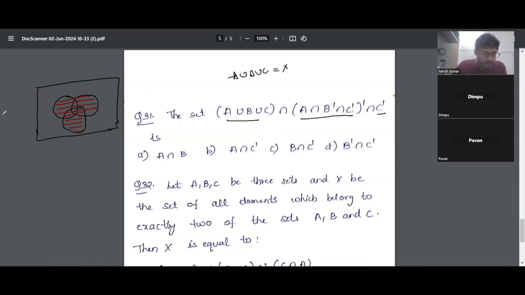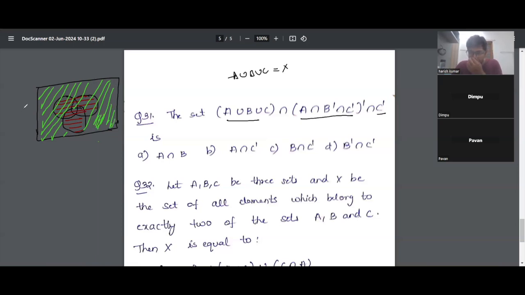Let me draw C complement with green color. This is C, so C complement is everything except C. This is my C complement.